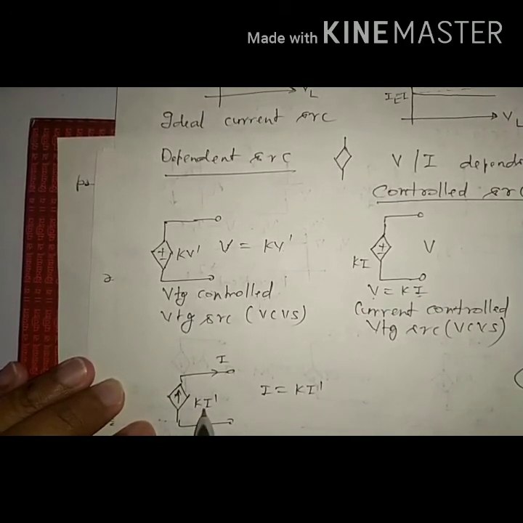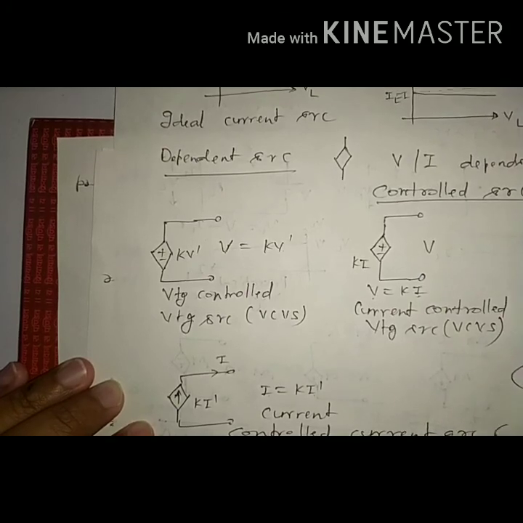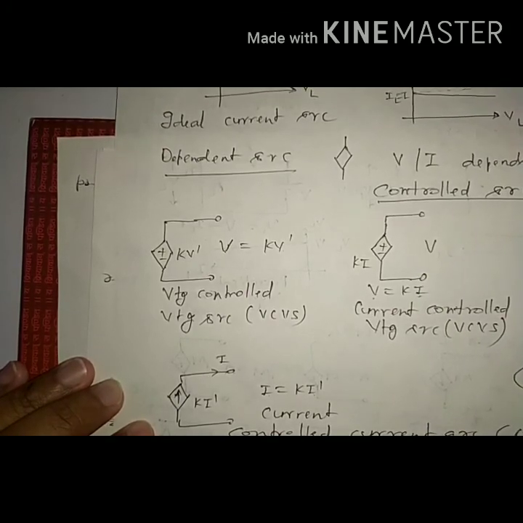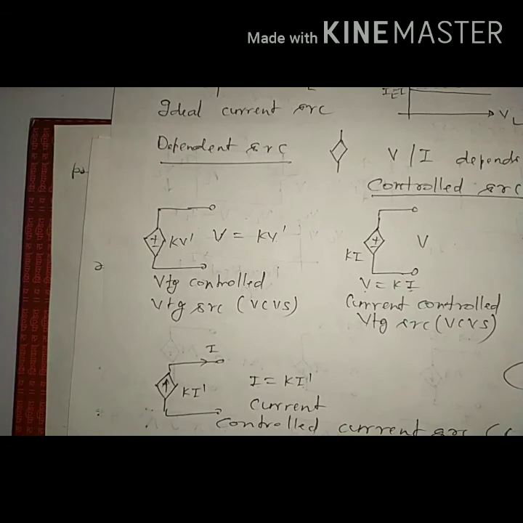This is the current controlled current source, CCCS: the source current depends on some other current present in the circuit. So this is all about the sources: independent and dependent sources, voltage and current sources, practical sources and ideal sources. And in dependent sources we have seen voltage controlled and current controlled sources.